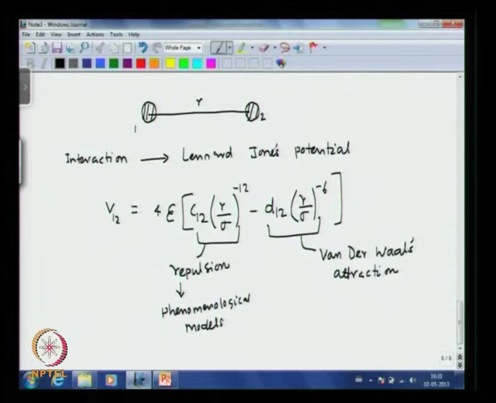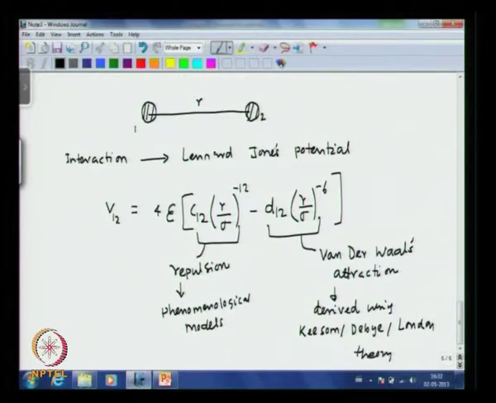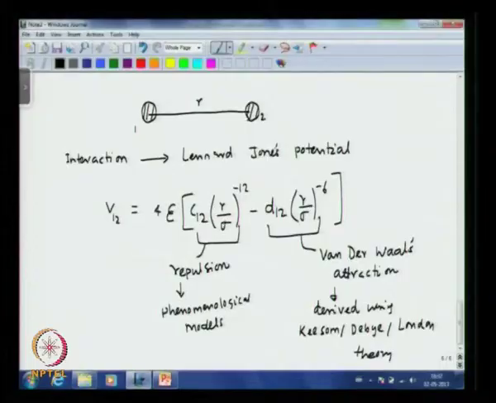It cannot be derived, whereas the attraction force can be derived using different theories, like Keesom theory, Debye theory or London theory. So, it can be used to derive the potential between two interacting non reacting molecules. Okay. So, that is given by the Lennard-Jones potential.